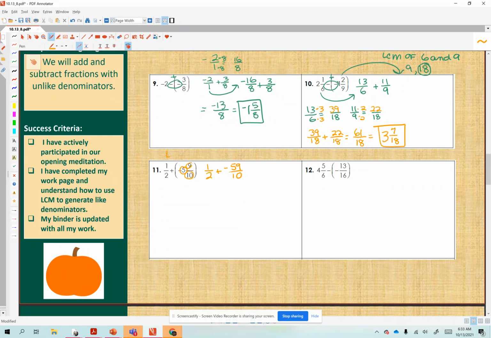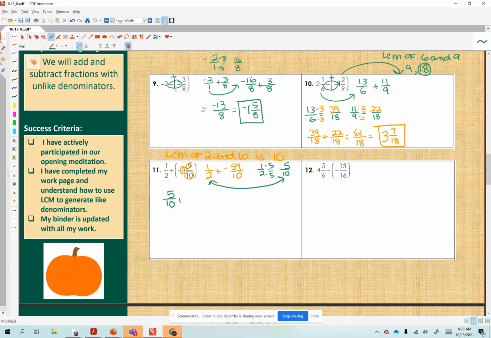Now, the LCM of 2 and 10 is 10, because 10 is a multiple of 2. So I just need to convert 1/2 to tenths, and I multiply 2 times 5, I get 10, so 1 times 5 is 5. So my new equivalent fraction for 1/2 will be 5/10.